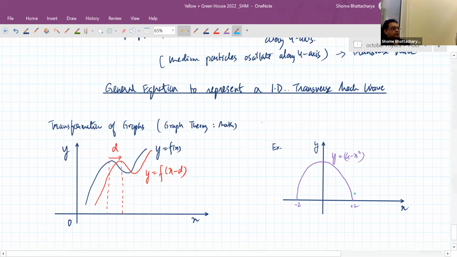And we want to transform it like this, such that the whole graph is shifted by 3 units. So you can see this will become y is equal to 4 minus (x minus 3) whole square.